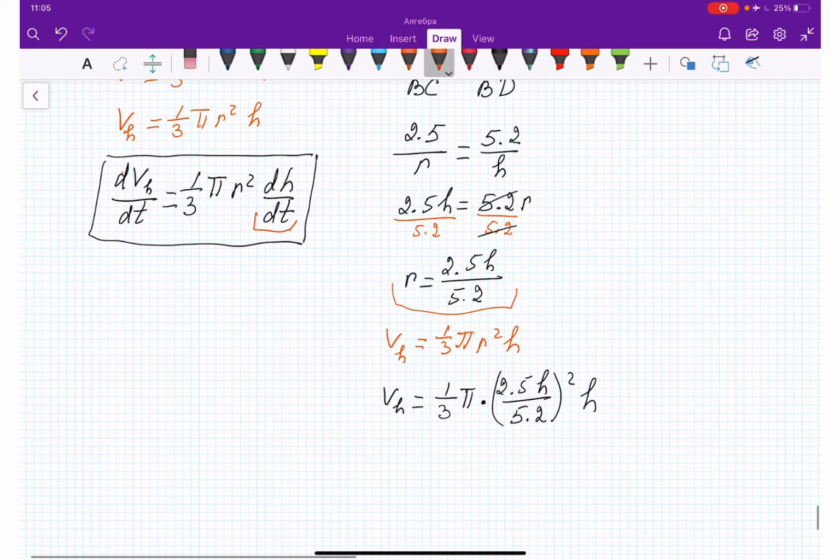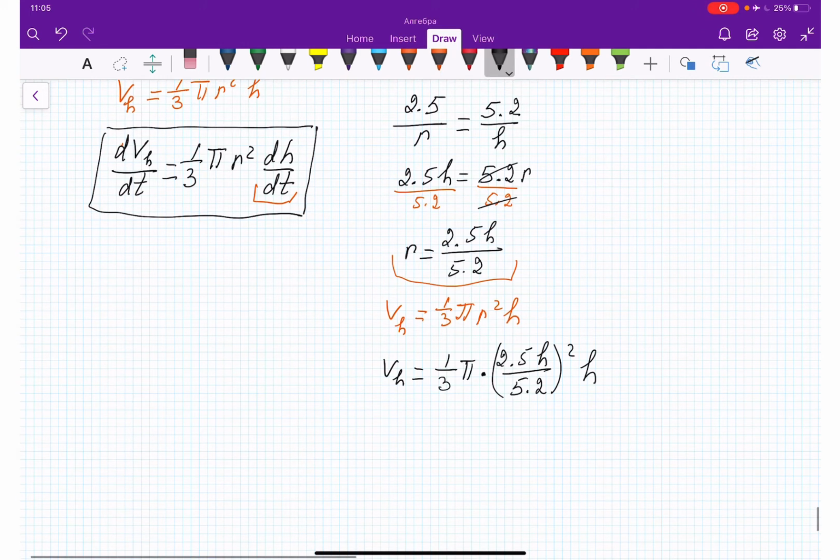All right, next. Now I'm going through simplification, through a little bit of algebra. My Vh is going to be equal 1/3 pi, and I'm getting 6.25 over 27.04. Don't let me forget to add here 1/3.